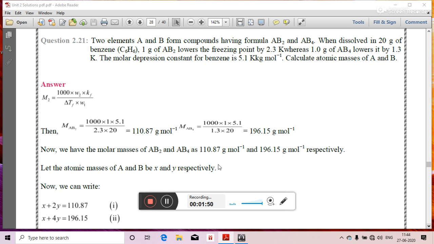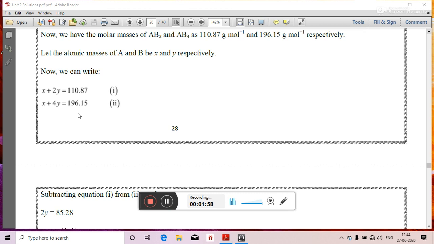Now suppose the atomic masses of A and B are X and Y. So we can write the sum of the atomic masses of AB2 as, for A it is X plus 2 times B, that is 2Y, and that is equal to 110.87. Similarly, we can write down the sum of atomic mass of AB4 as, for A it is X plus 4 times B, that is 4Y, and that is equal to 196.15.